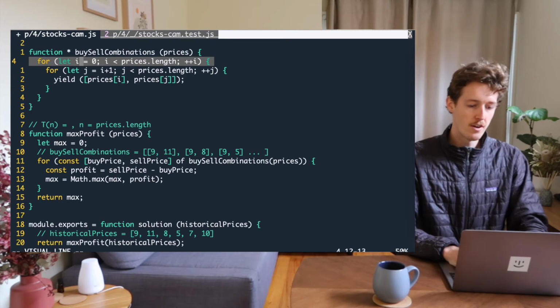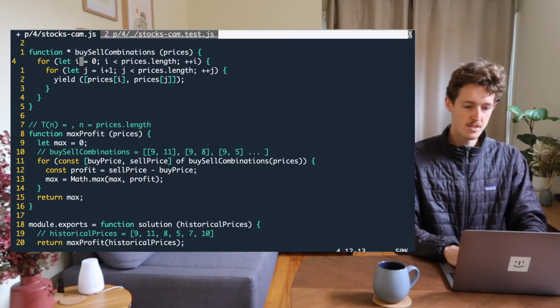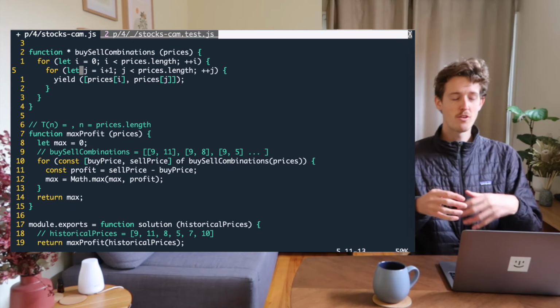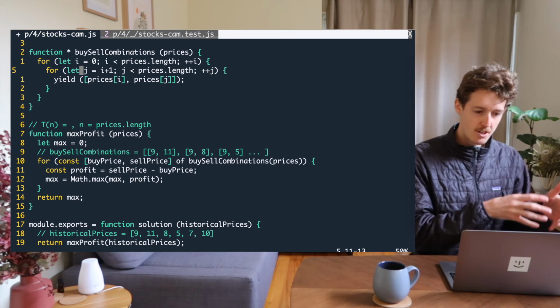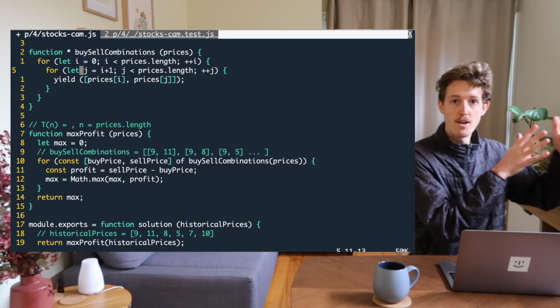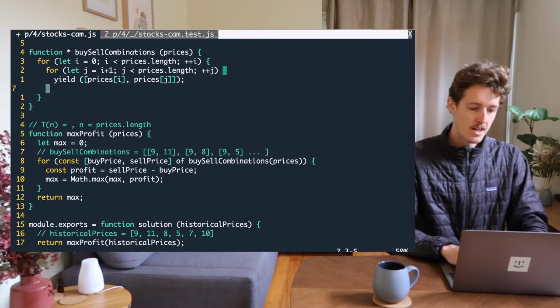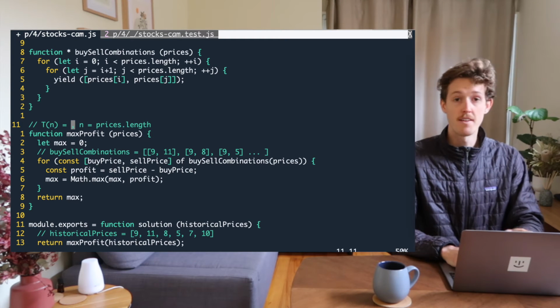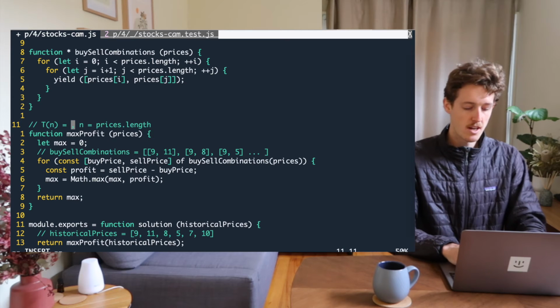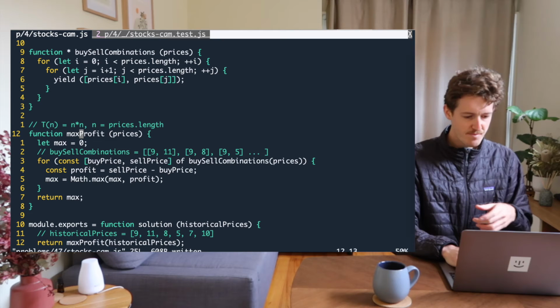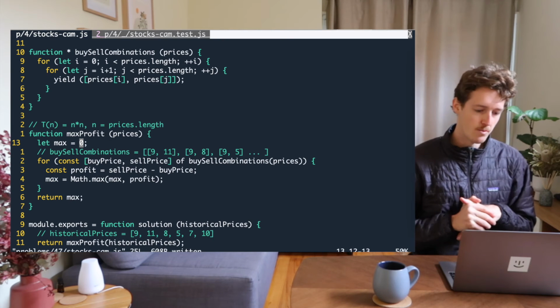We've got to iterate over that n times, and then for each one, it's not n times, it's n minus 1 for the first, then n minus 2, and n minus 3 as we move along, but we can see that the upper bound is going to be n squared. So we can look at this as n times n right now. It's not horrible, but we can do better.